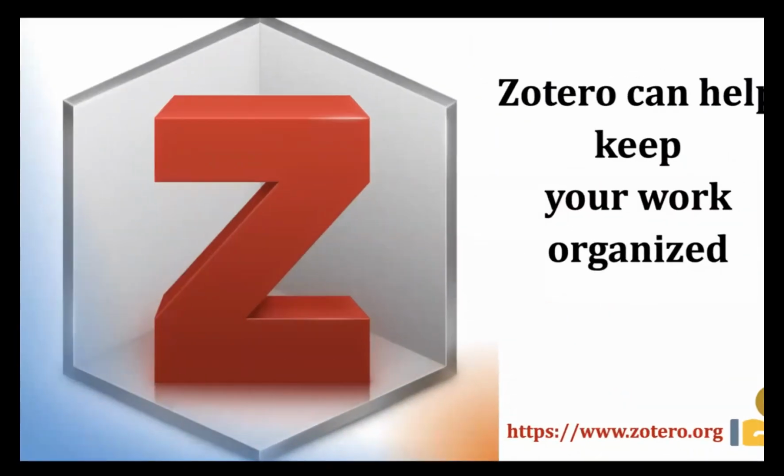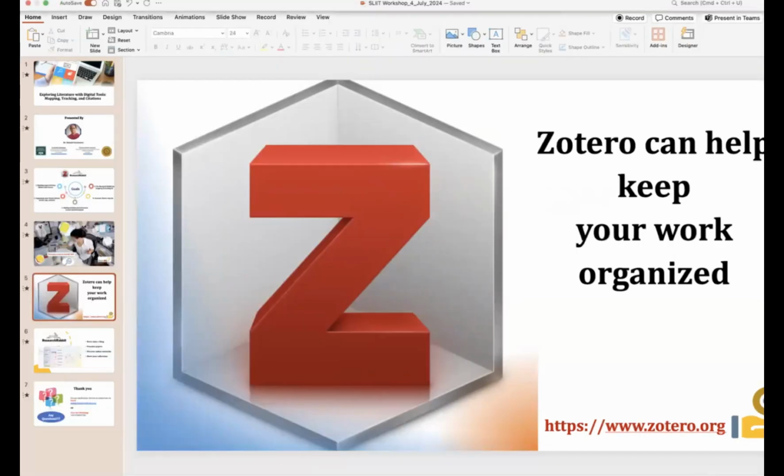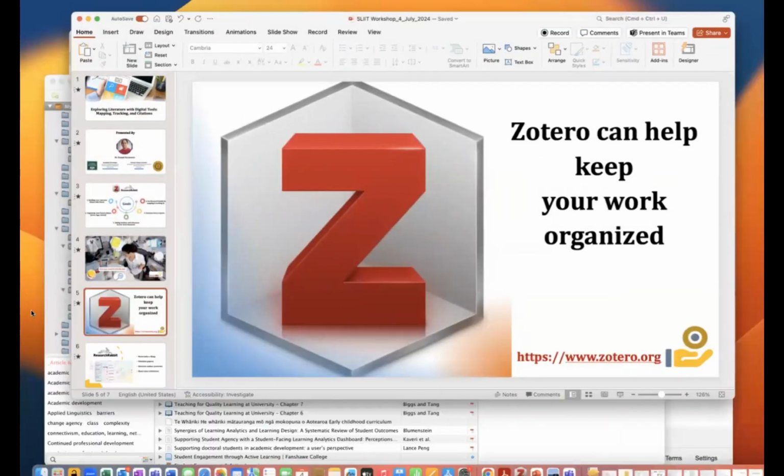Yeah, so Zotero can help you keep your work organized. So I am now moving to the Zotero environment, and then we'll discuss things over there. While I stop, maybe I'll share the other screen, okay? So you'll be able to see this.